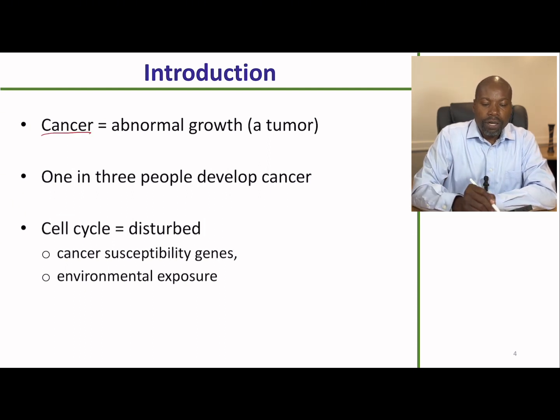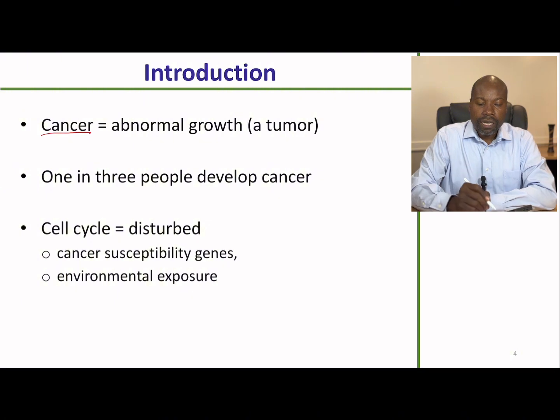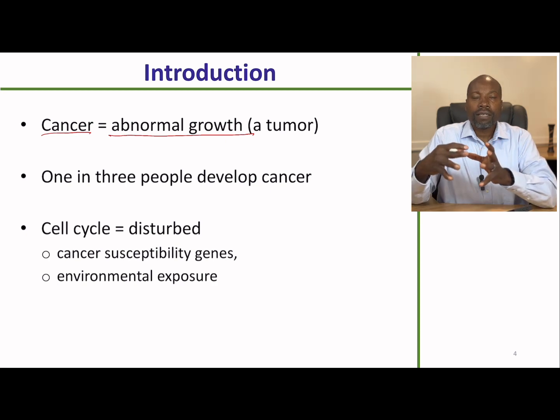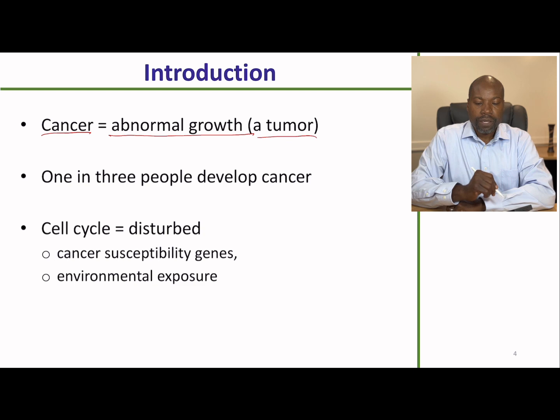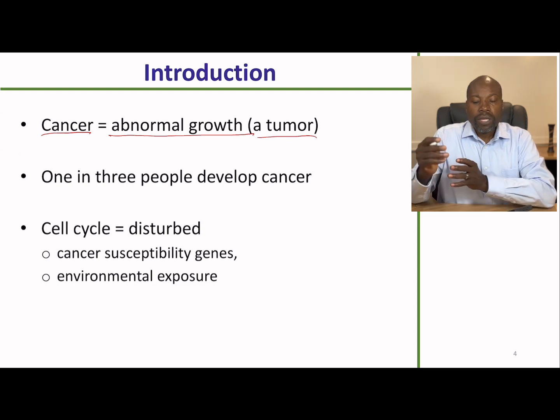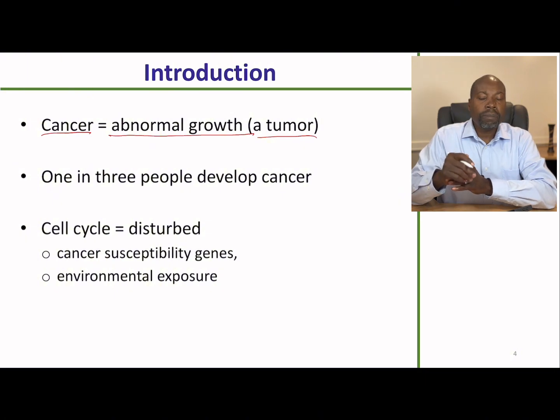So, cancer, as I already mentioned, is an abnormal growth, right? An abnormal growth that leads to a mass of cells that we are going to call a tumor. So know that in the US, about 1 in 3 people are going to develop cancer.